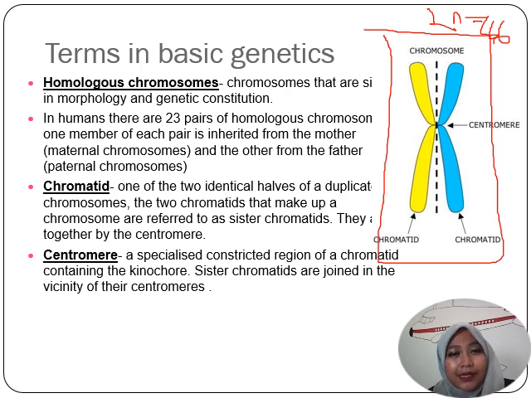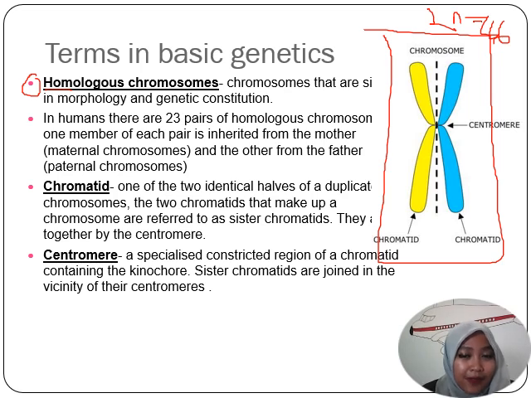For example, this person has their own eye color, their own skin color, their own height, and also weight. Everything will be determined in our DNA, or in other words, determined in our chromosomes. So we're going to look at the basic terms in basic genetics. First, the homologous chromosome. Homo means same.